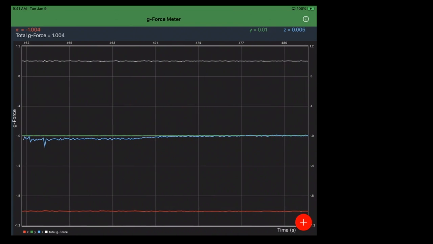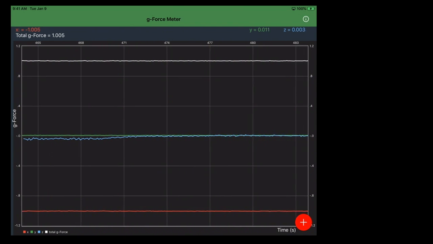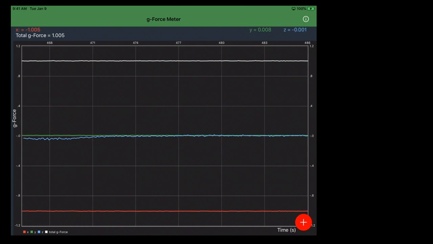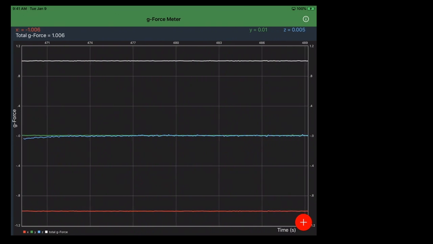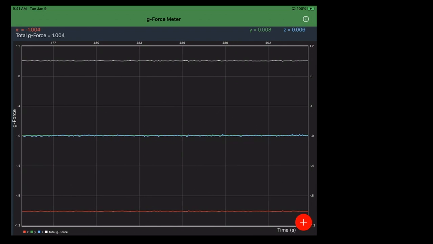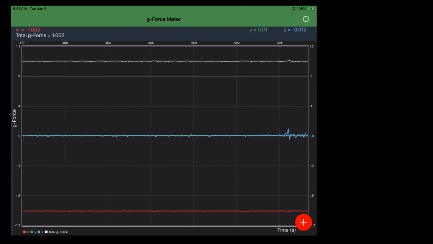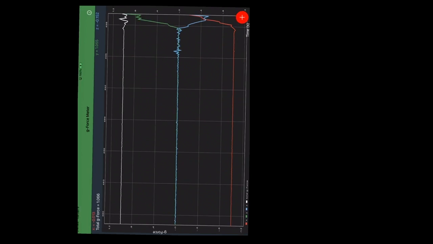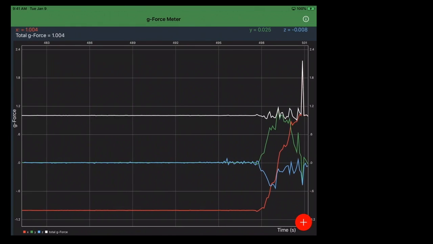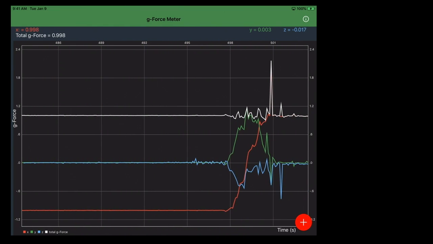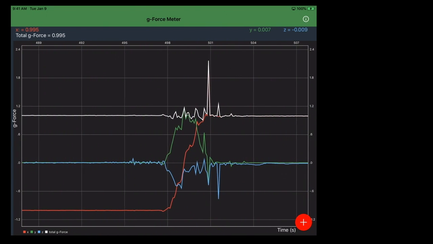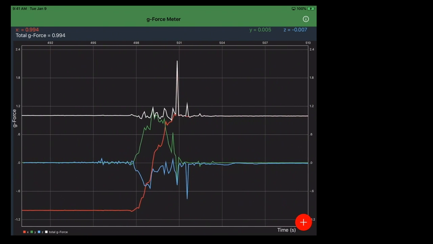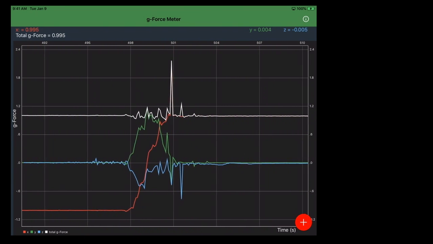The red x-axis is reading -1 gravity because the force of gravity is going from right to left in the negative direction. Now, recall we said in order to change this, if we flip the iPad over and rest it on the opposite long side, even though the screen switches, we have a change in the direction of the red.